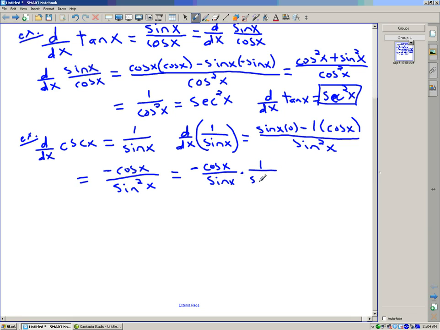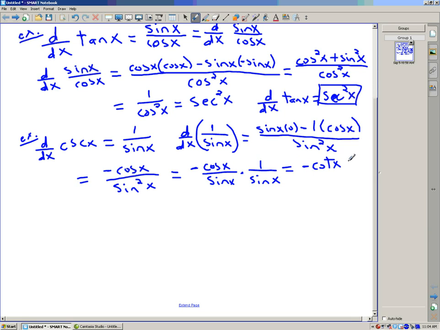Notice if you multiply the tops, we get negative cosine. If you multiply the bottoms, we get sine squared. The reason it's changed like this is because we now have two trig functions. Cosine over sine is cotangent, and 1 over sine is cosecant.